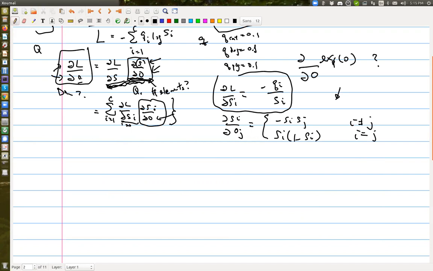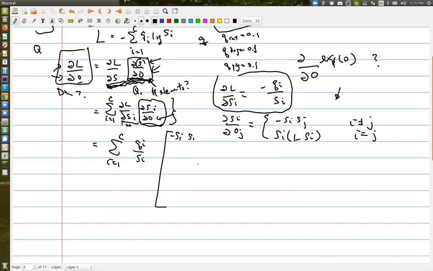And so this guy is QI over SI, summed over I equals 1 to C here. And this one, as we said, is a vector. So when I is not equal to J, it is minus SI S1, let's say.